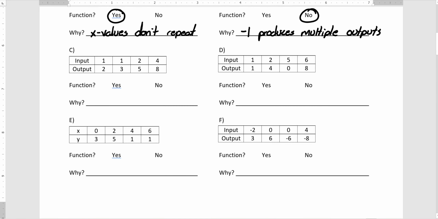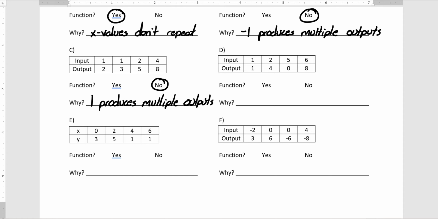Let's look at letter C. Inputs 1, 2, 1, 3, 2, 5, 4, 8. Is it a function? No, it's not, because 1 produces multiple outputs. Since 1 produces multiple outputs, we know this is not a function. What about letter D?